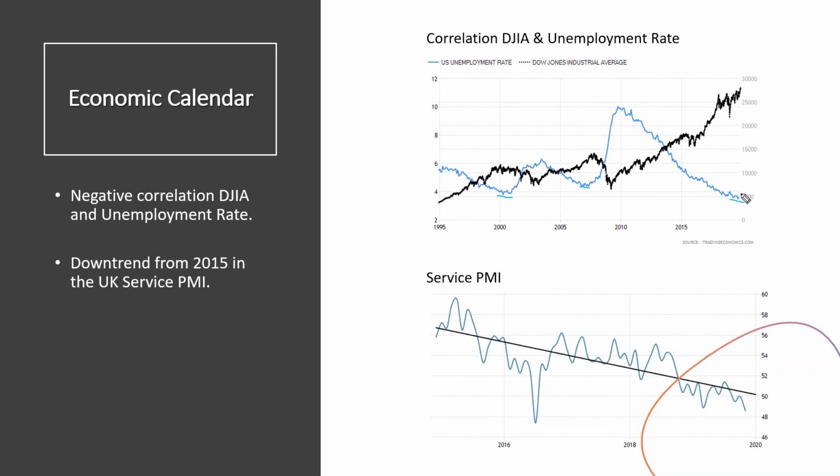That means that the unemployment rate will start showing higher numbers, and at the same time we will see the stock market declining. Okay, that's why it's so important from now on to pay special attention to what's happening with the unemployment rate in the US, especially now that we are seeing this important drop in the S&P.